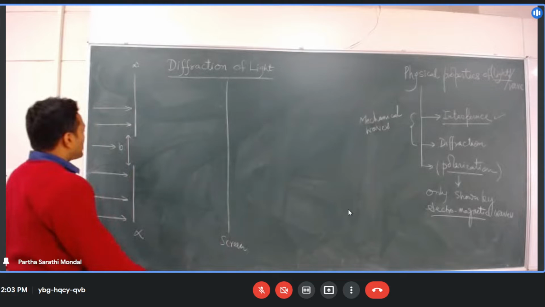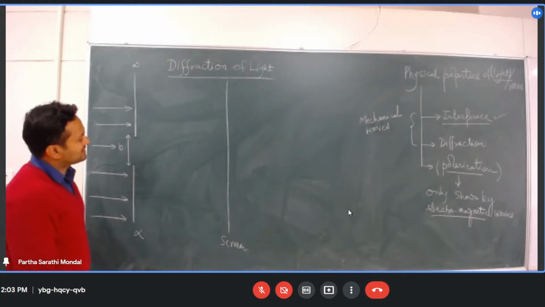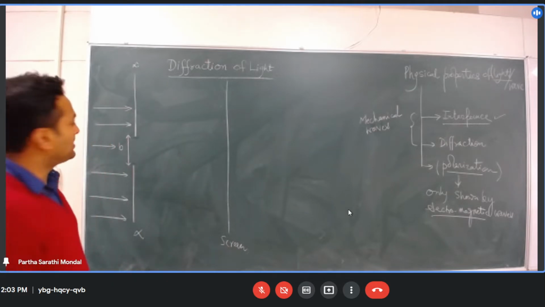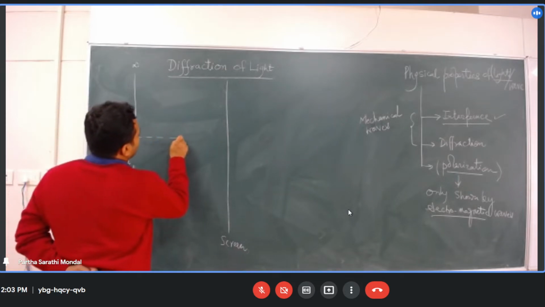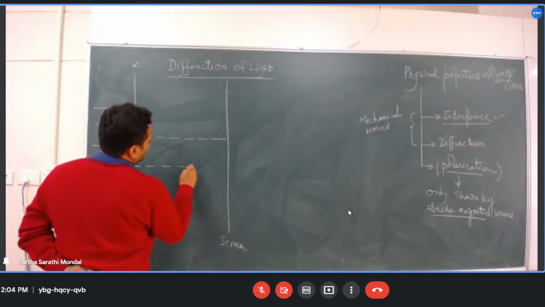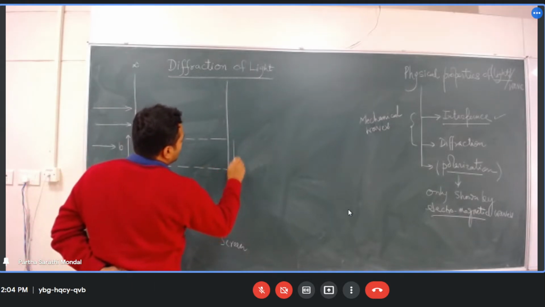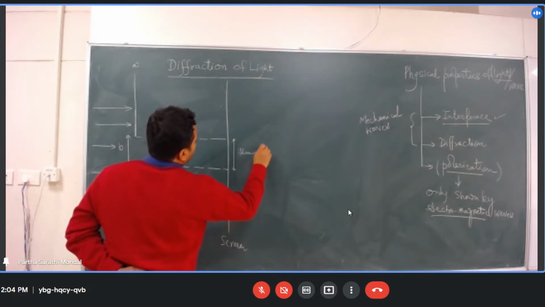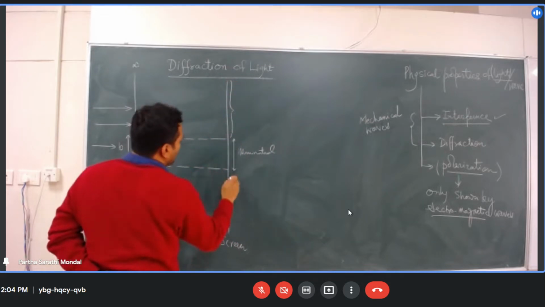Normally, if the slit width B is large enough, what kind of shadow will we see here? If you draw a straight line here, then this will be the illuminated region, and these two regions will be completely dark.